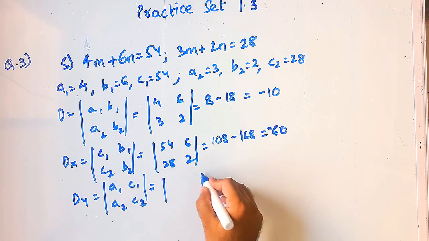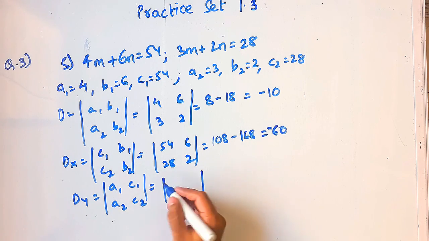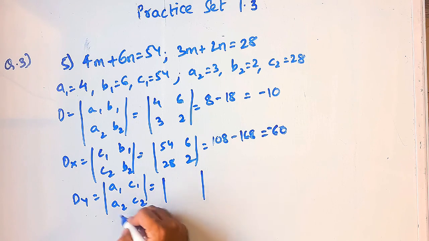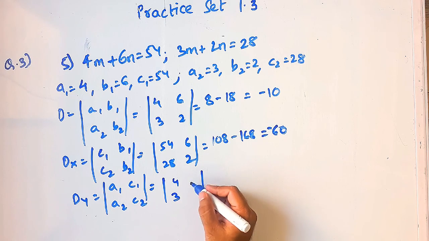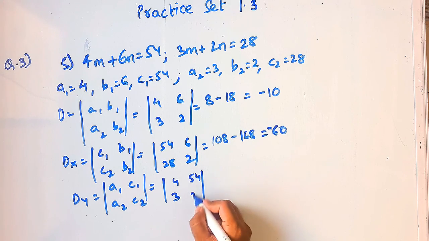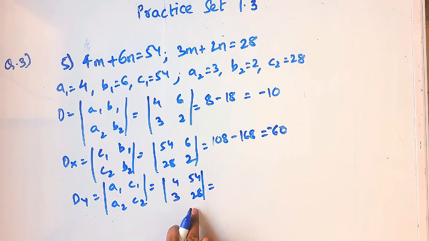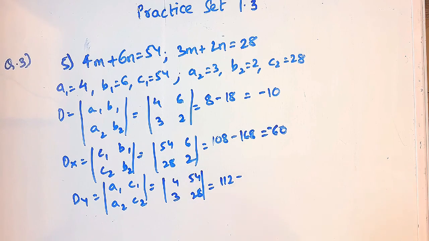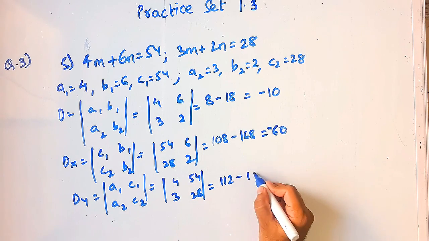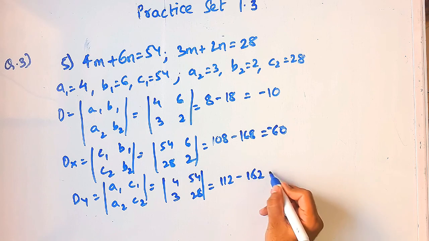Here you will have a1 a2, so I'll write 4 3, and c1 c2 will write 54 and 28. 28 4 times is 112 minus 54 3 times is 162.